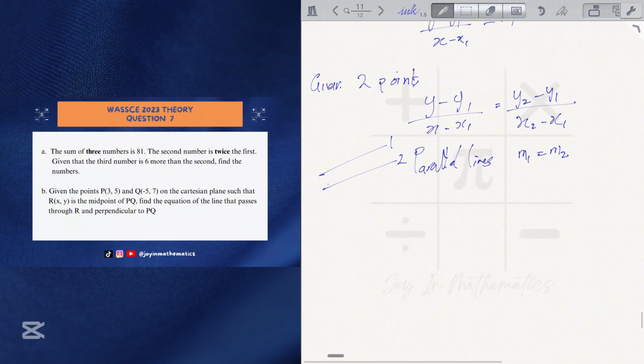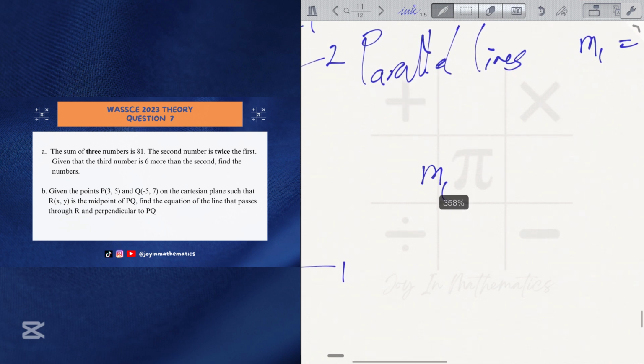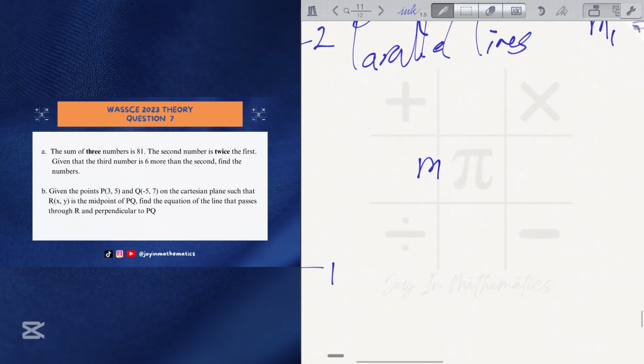However, when we have perpendicular lines, so I can have a line 1 here and another line 2 here, such that they are perpendicular, then the product m1 m2 is equal to minus 1.